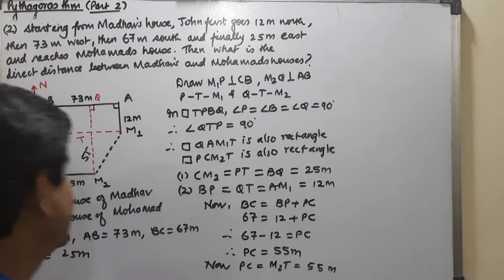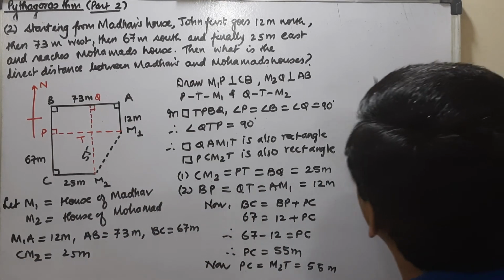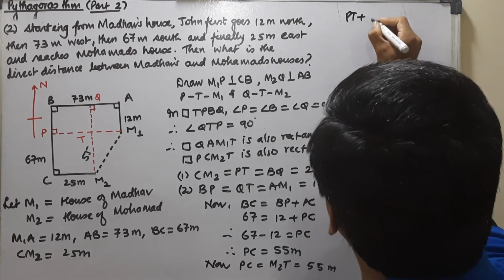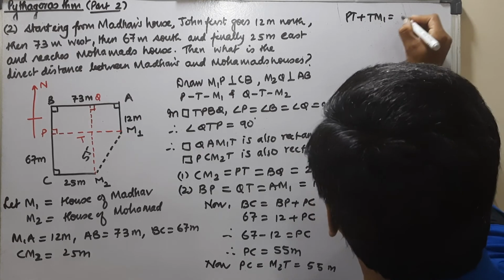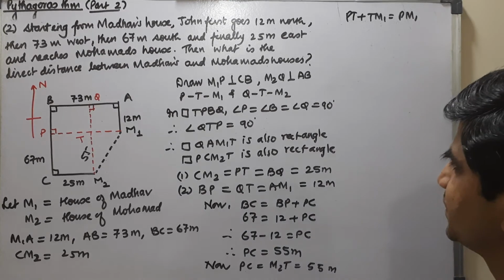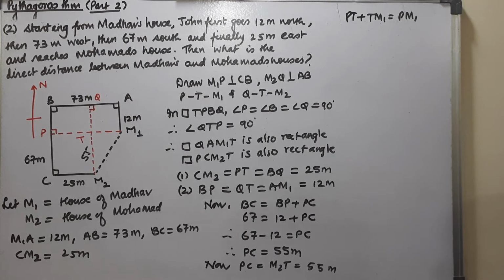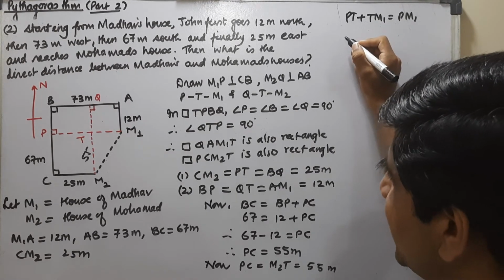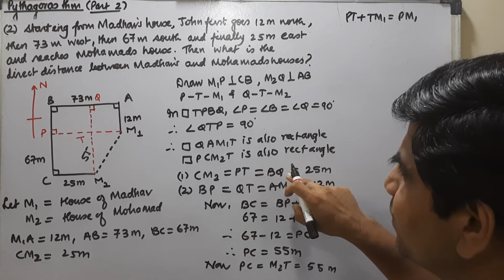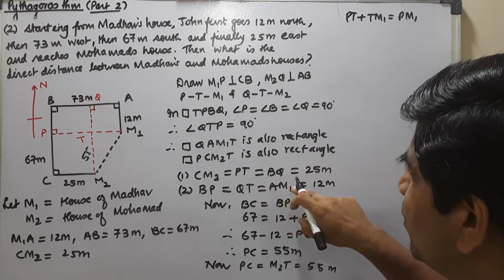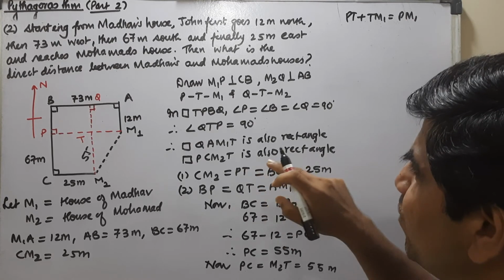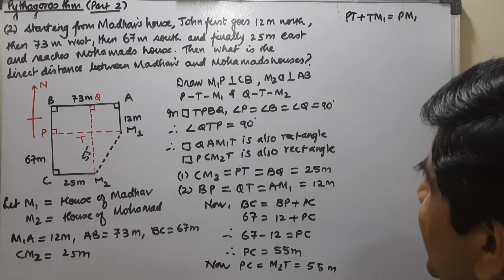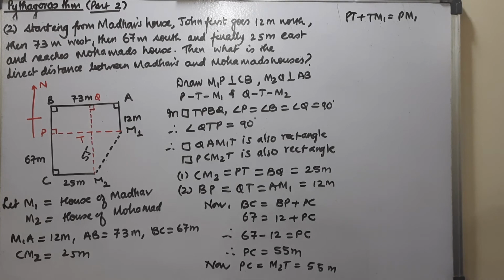What it says here is PT plus the length of TM1 is equal to PM1, right? Now, if you see here, PT is already equal to BQ, and this PM1 is equal to QA.